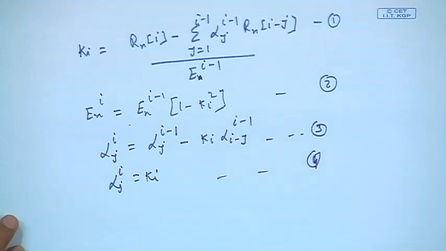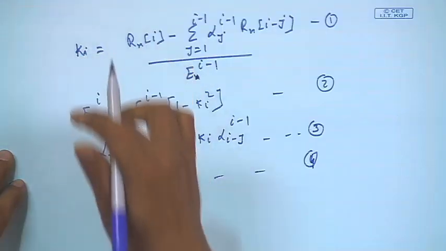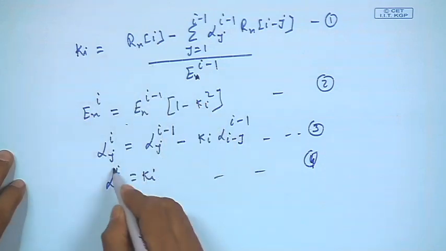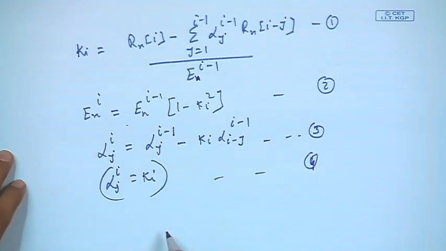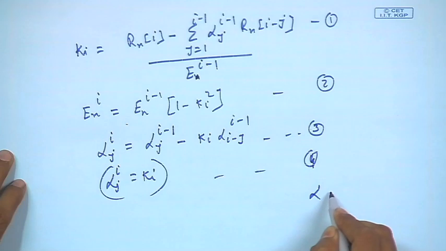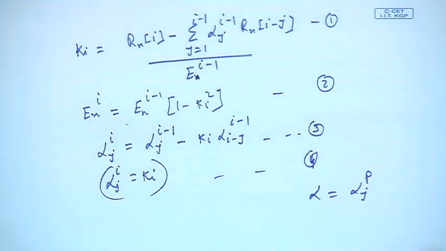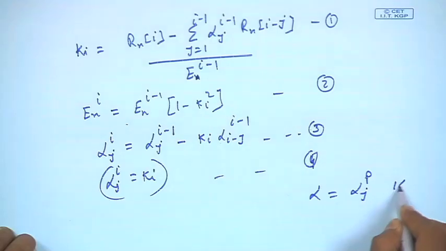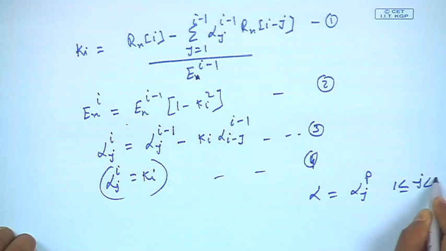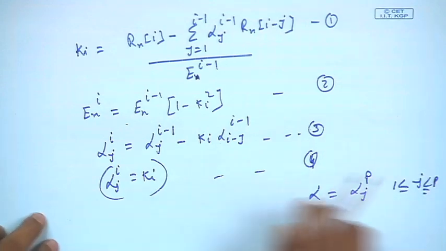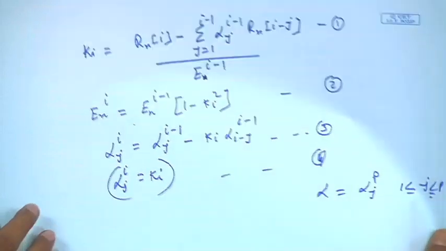Now, suppose I have a speech segment and I want to find this value k I, E n I, and ultimately I have to find this value. At the end, the alpha value is nothing but alpha j p, where p is the order and j varies from 1 to p.